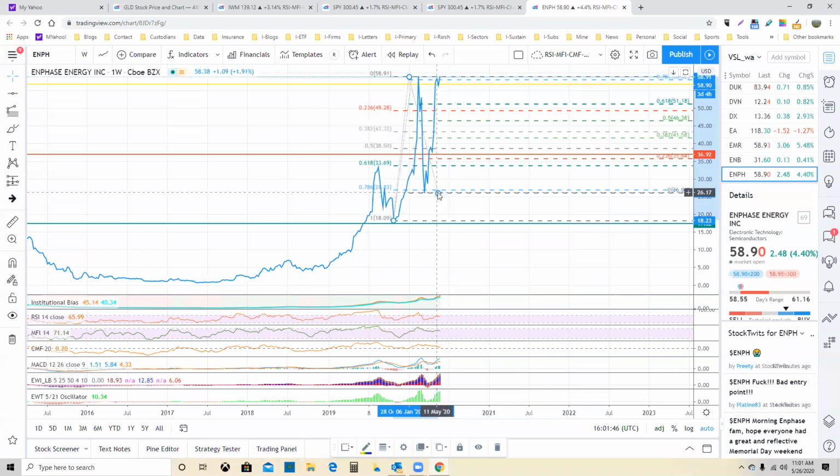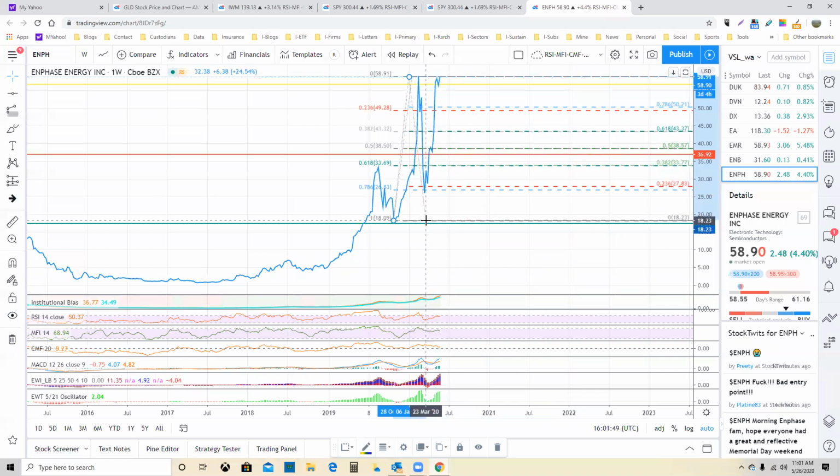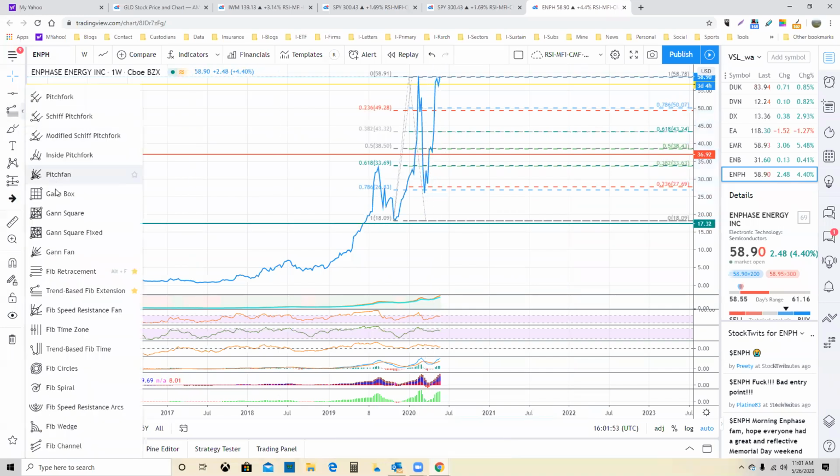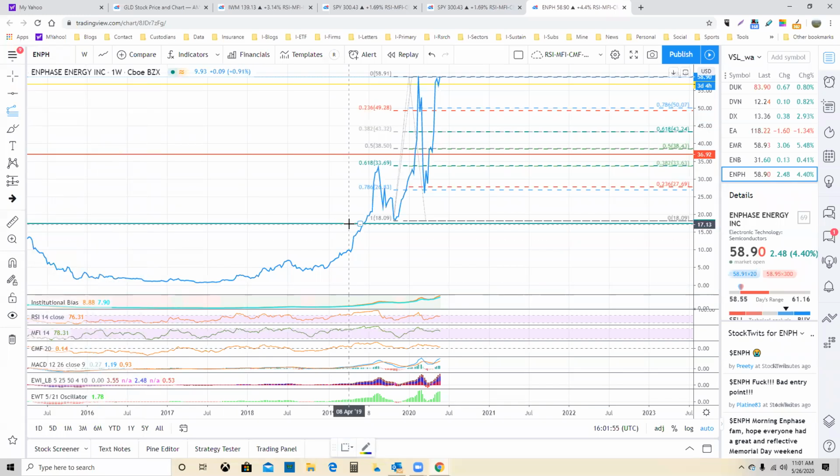Two ways to do that. Back down to where it was, then use the new levels.